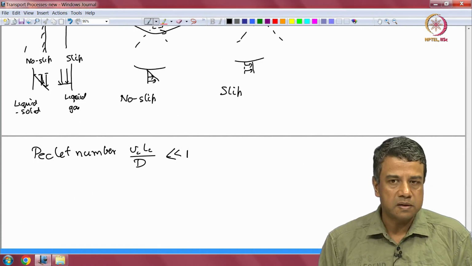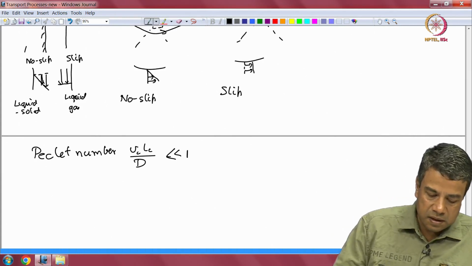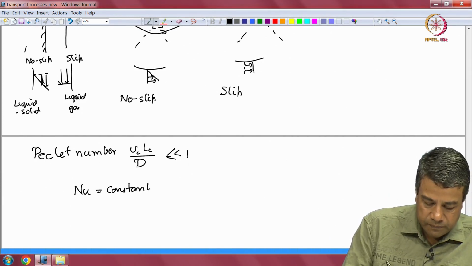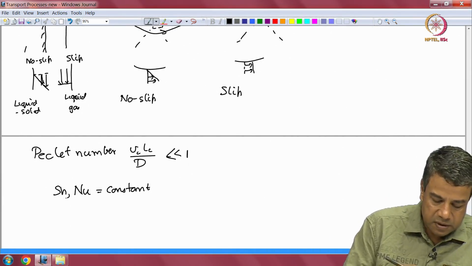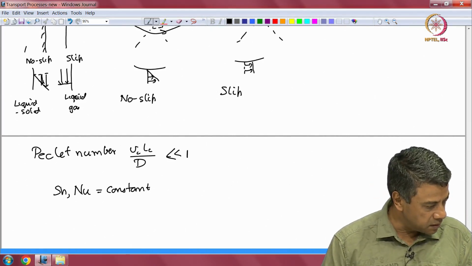The Reynolds number is also not a relevant dimensionless group because it contains the fluid velocity, and this tells you that in this case the Nusselt number has to be equal to a constant. The Sherwood number or the Nusselt number has to be equal to a constant.